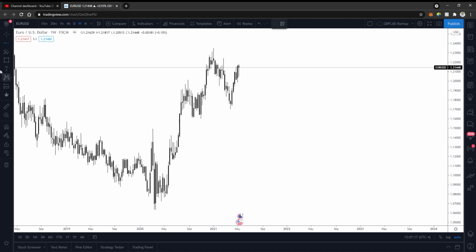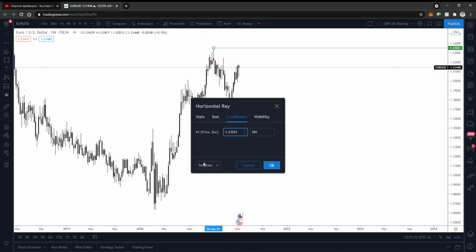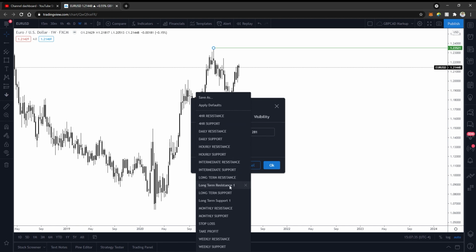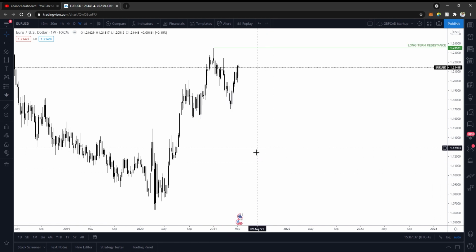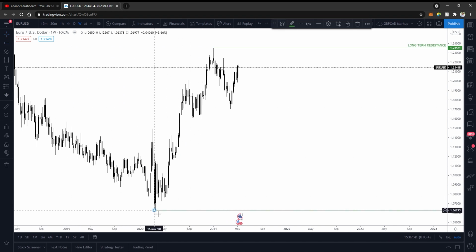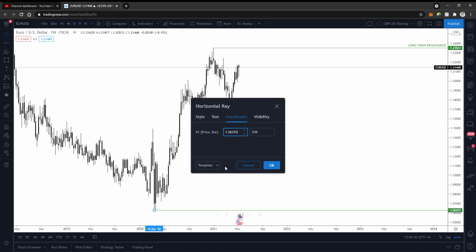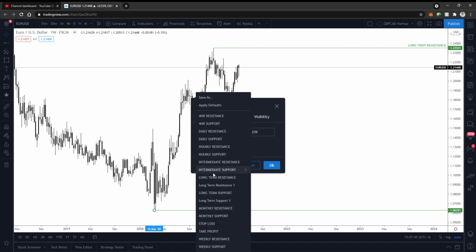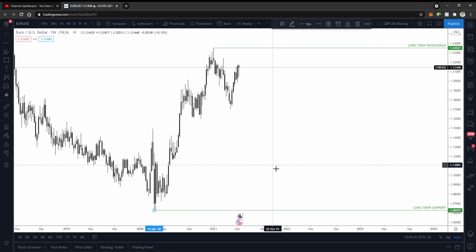And so I'm going over into my toolbox and I grab my horizontal ray tool and I'm looking for those formations that I drew for you guys. I can't pick here because I only have a center candle that's forming. I don't have 2 to the right that are anything yet. So I'm going to label this my long-term resistance. And then I'm going to do the same for my support. And so this is the lowest point on this time frame that I see. So I'm going to go ahead and mark that as my support.